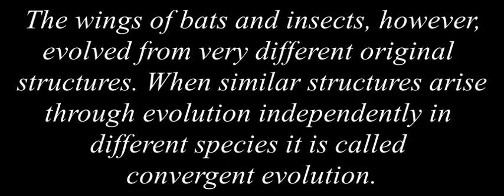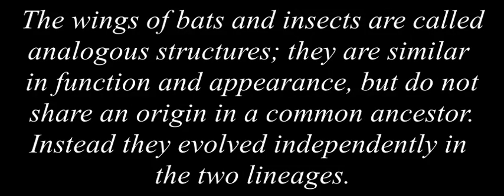When similar structures arise through evolution independently in different species, it is called convergent evolution. The wings of bats and insects are called analogous structures. They are similar in function and appearance, but do not share an origin in a common ancestor. Instead, they evolved independently in the two lineages.